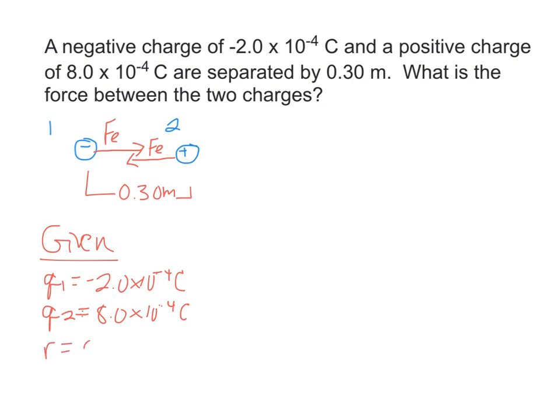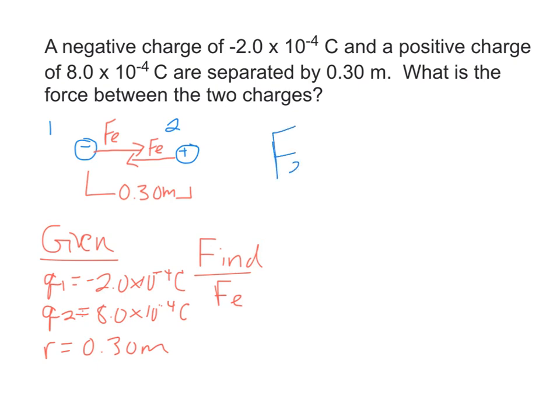And the distance between them is equal to 0.30 meters. And we're looking for the electric force. We're looking for the magnitude of the force. So even though it doesn't explicitly say that, since you're looking for the amount of force between the two charges, one's positive, one's negative, whatever number you get, you're just going to take the magnitude of.